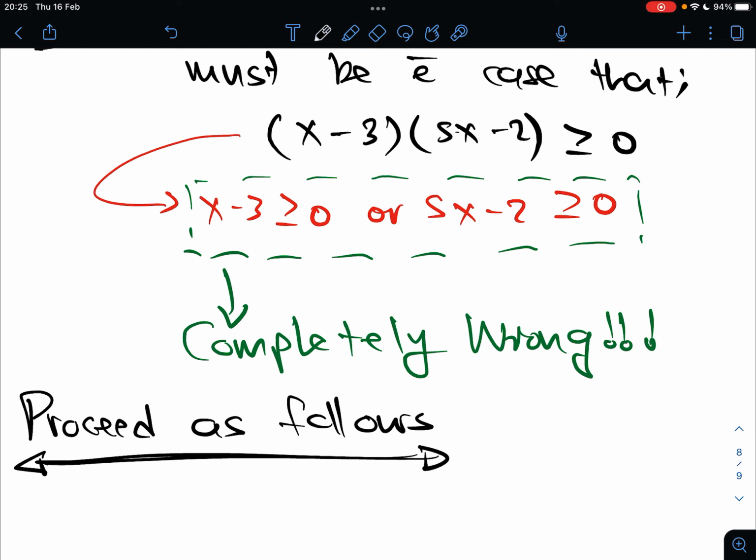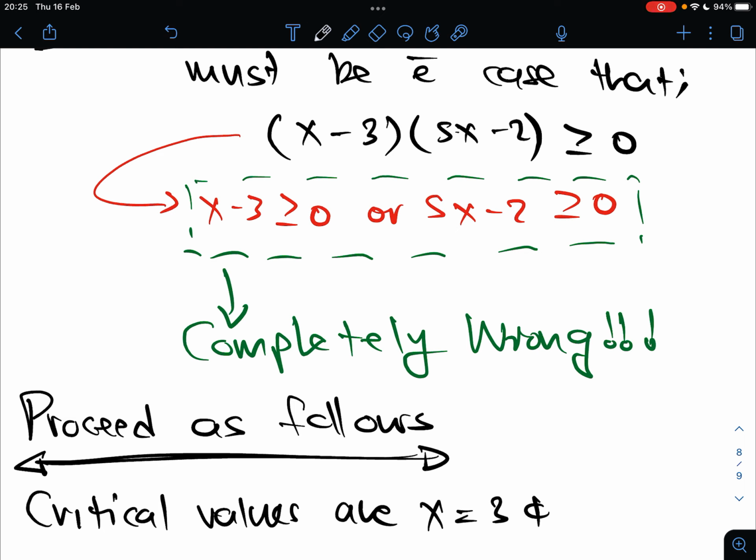You see that? So for a function which is a product like this, critical values are those values which are such that when you plug them in, one of these brackets vanishes. So we can see that the critical values here are x equals 3 and x equals 2/5.